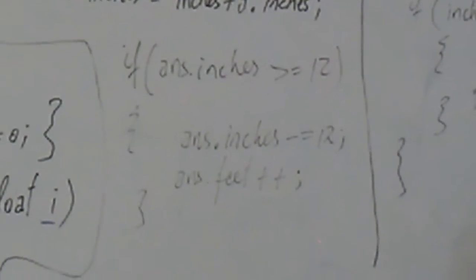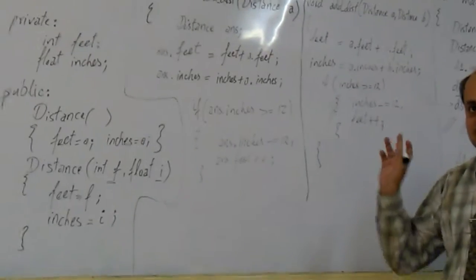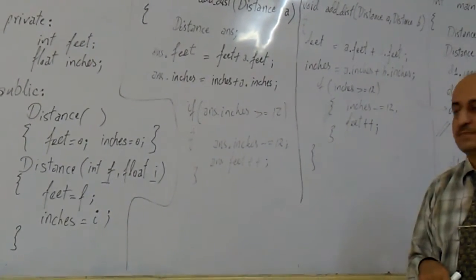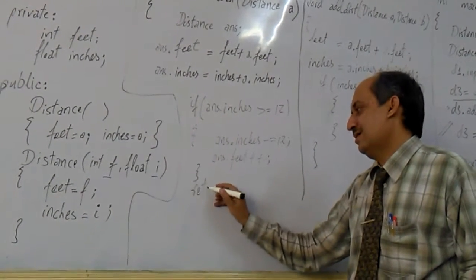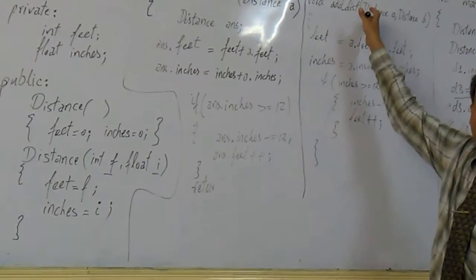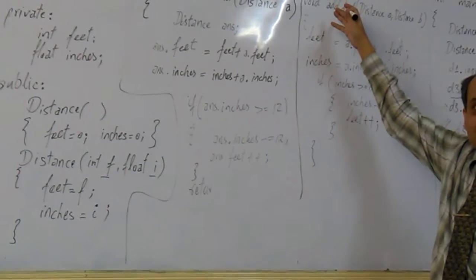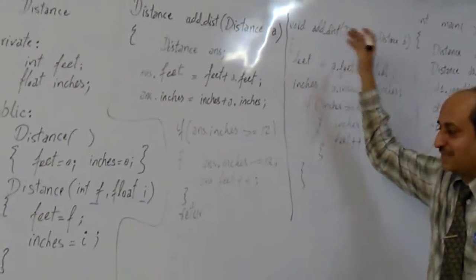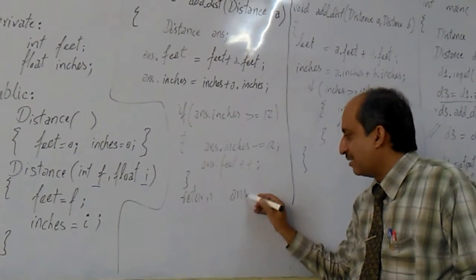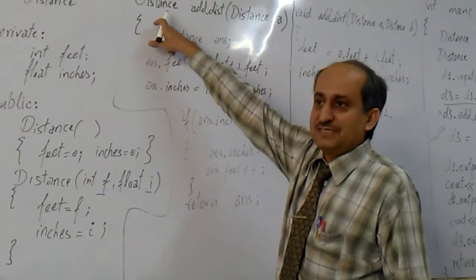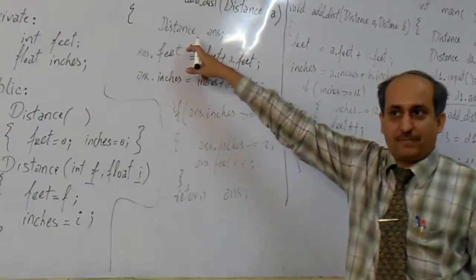Now what's the important last statement we should be writing in this version of the addDistance function? A return statement. In the first version it was void return type. You are not required to return anything. In this one, we should be returning that answer object. Return type is distance and answer is of distance type.